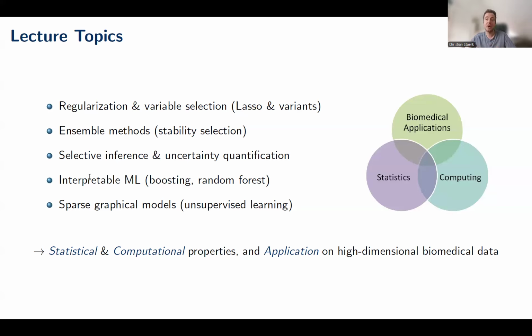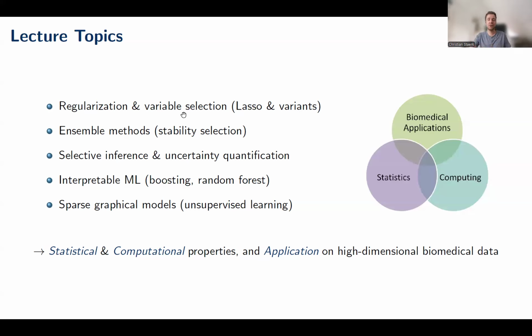Then you have probably heard about interpretable machine learning. So there you have more flexible methods like boosting and random forests. And you still want to understand what are the important variables for the prediction in these more flexible machine learning approaches. And the last point is on sparse graphical models, which is now unsupervised learning.